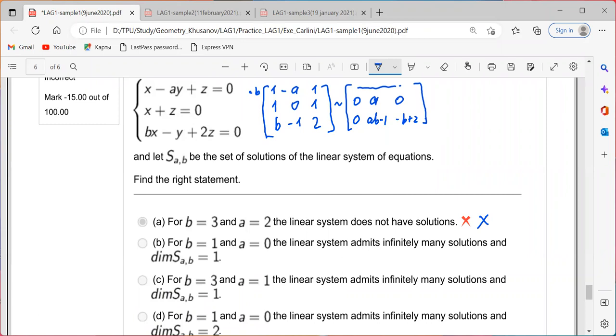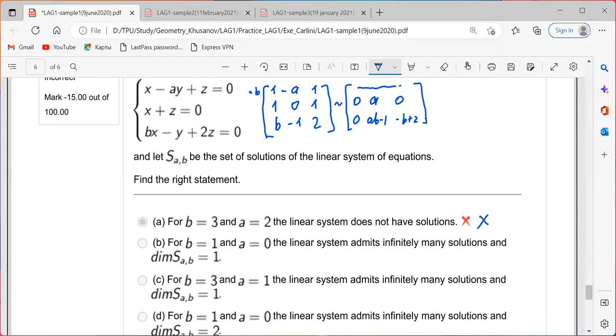And that's why, if we have two leading elements, it means that the dimension of our solution space will depend on the number of free variables: 3 unknowns, and 2 leading elements. That's why the free variables will be 1. Z will be the free variable, and the set of solutions in that case will have dimension 1.